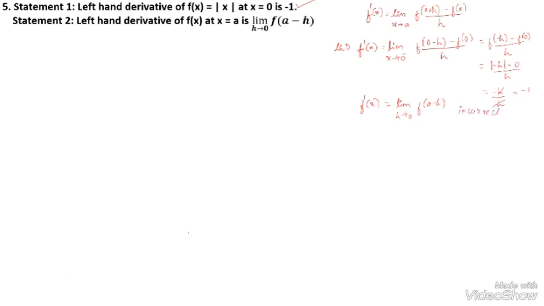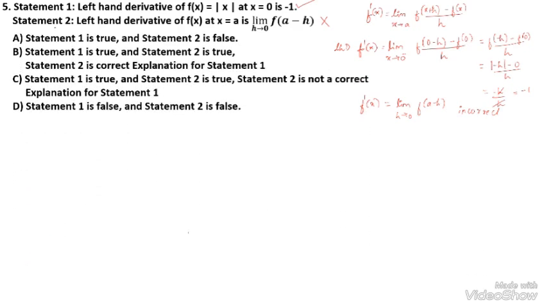We can't write the derivative like that. Therefore, this is the false statement. Statement 1 is true, statement 2 is false. So we can check the option now. Statement 1 is true and statement 2 is false. This is the right answer.